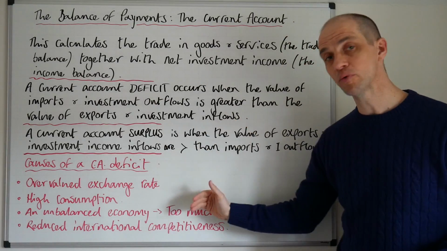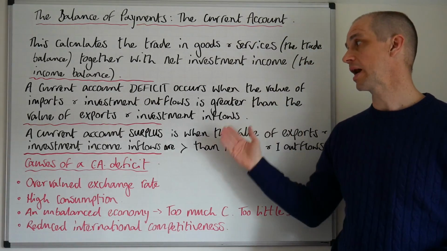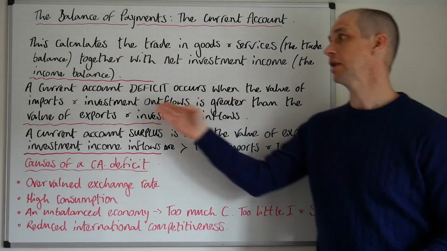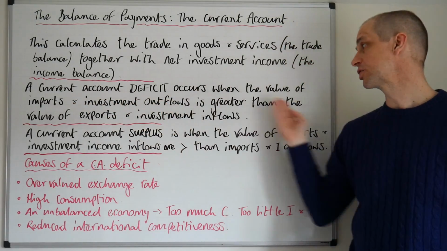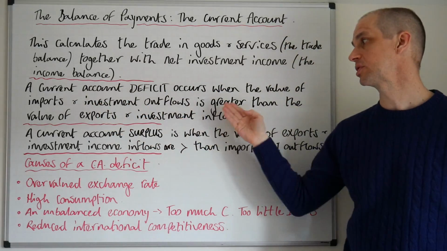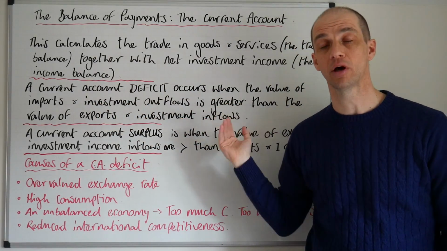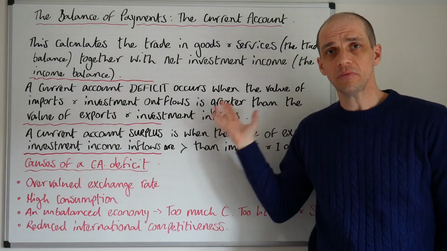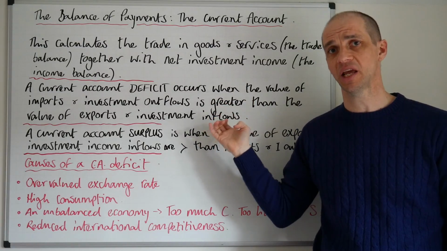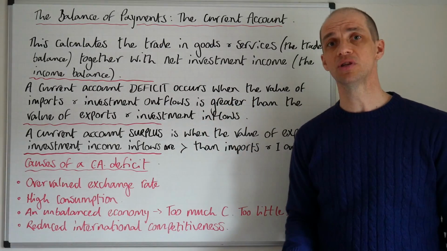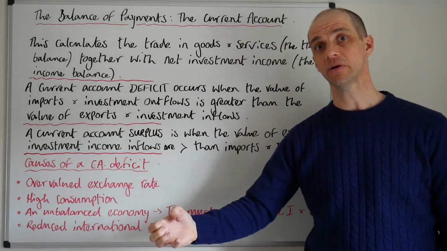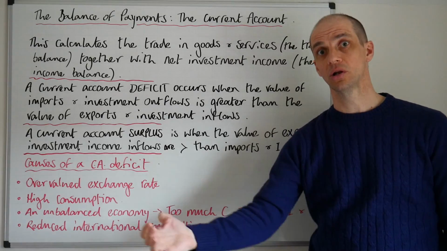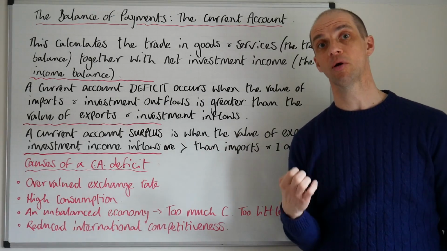Okay, there's another reason as well, and we can see that quite clearly here. So when the value of imports and investment income outflows is greater than the value of exports and investment income inflows, what we also see is that if you don't own that many assets overseas, then you are not going to have lots and lots of income coming from those assets.